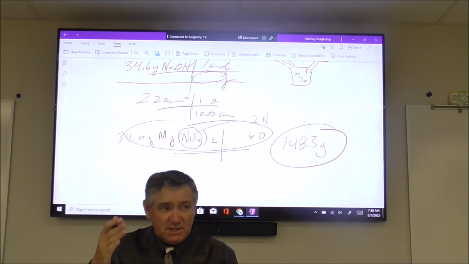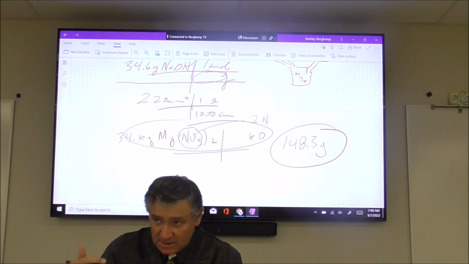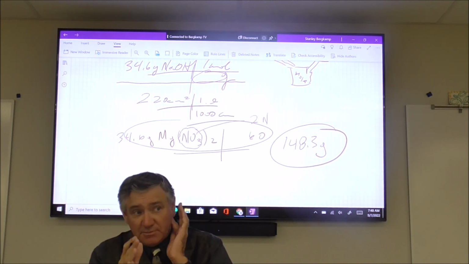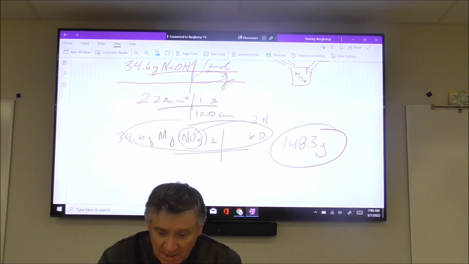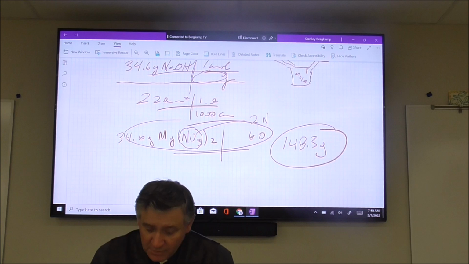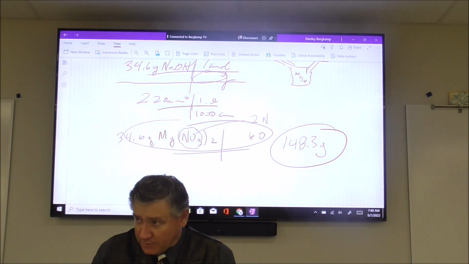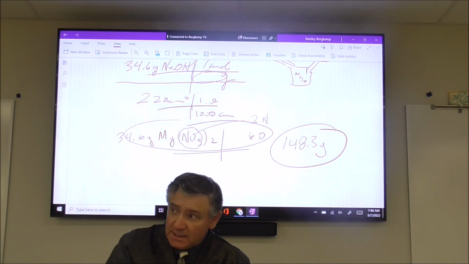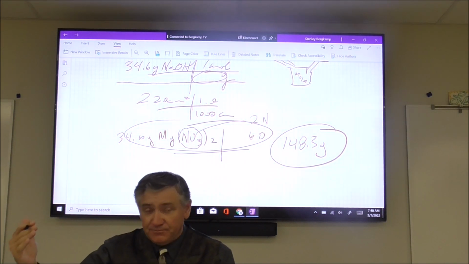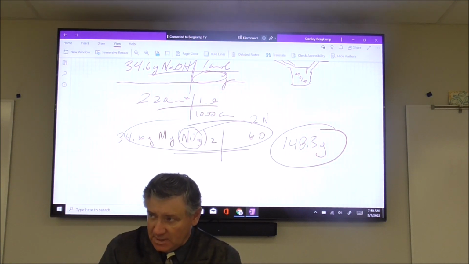You want to keep like 3 or 4 digits. So when you take that 34.6 and divide that by that 148.3, it works out like 0.233. Just don't write that down as 0.2. You've got to keep more digits, and then round when you get to the end.